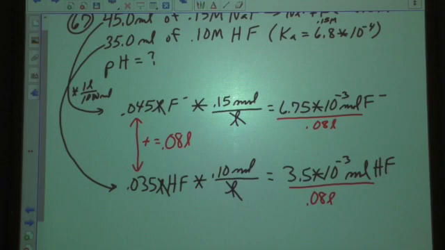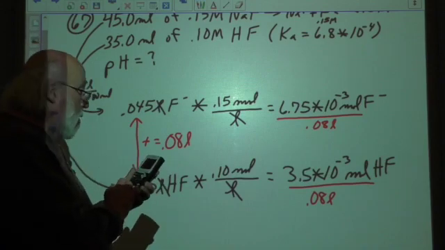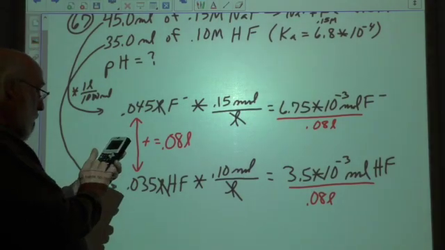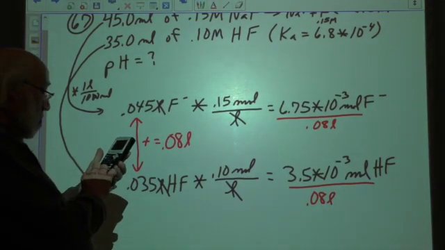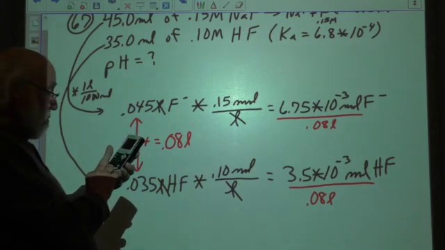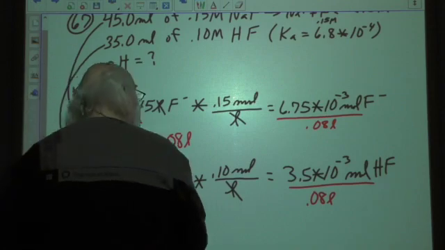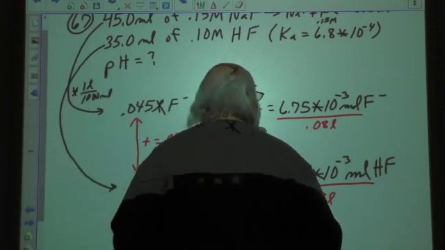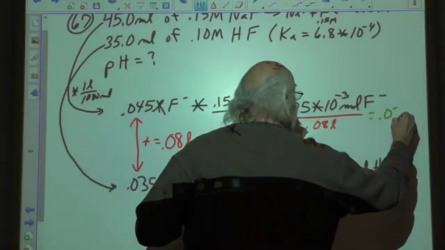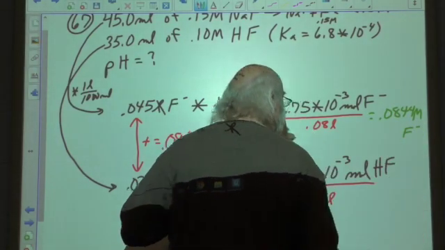So dust off my calculator. All right, so it takes 6.75 times 10 to the -3rd divided by 0.08, and I get 0.0844 moles per liter of F negative.